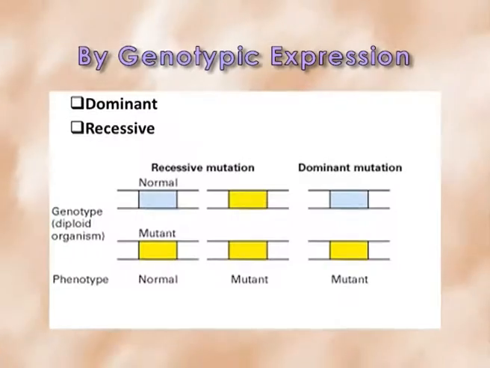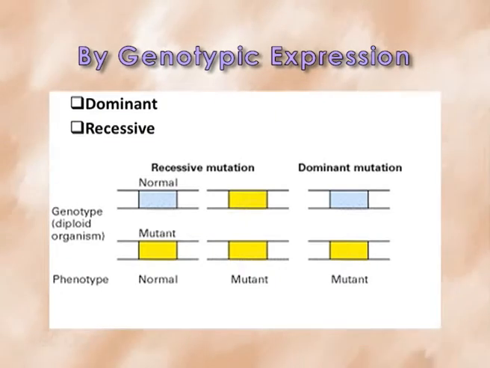That means the recessive mutation is not yet found at the phenotypic level in the heterozygous condition. But in the homozygous condition, if the recessive mutation is lethal, that kills the organism, that is, that reduces the viability of the organism.